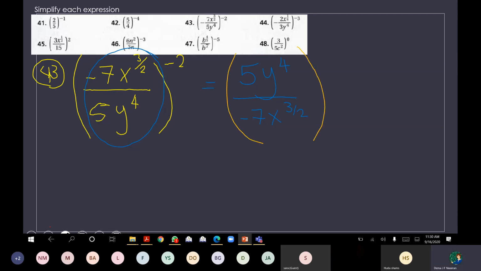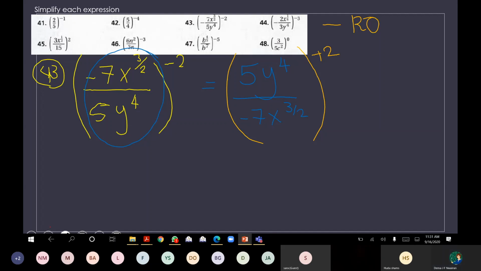Then after I write the reciprocal, I write the opposite of the negative sign. What is the opposite of the negative 2? Positive 2. Then after that, here we have a quotient that is raised to a power.